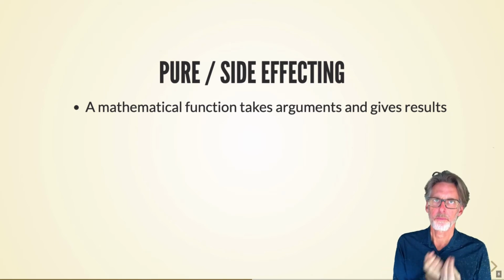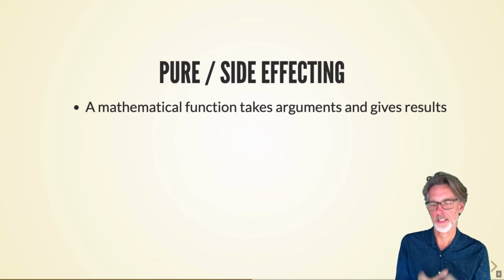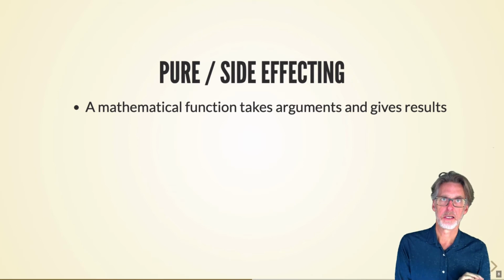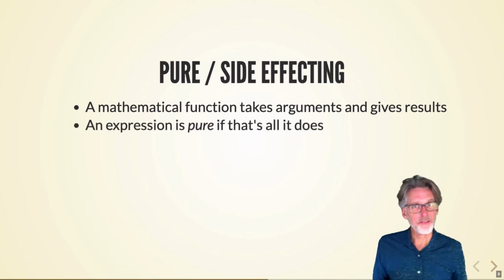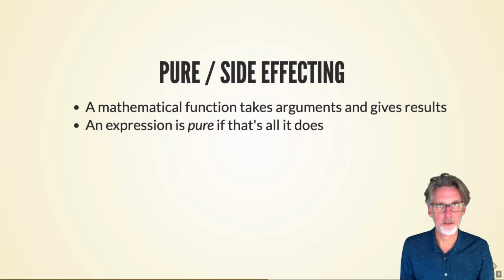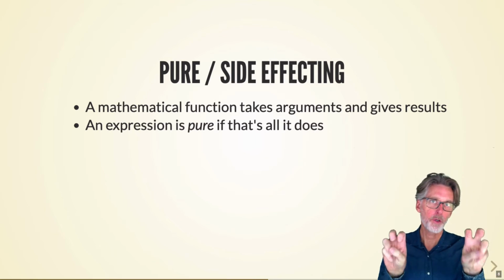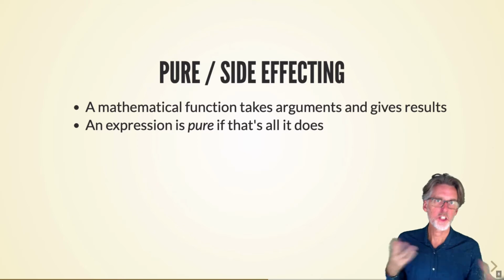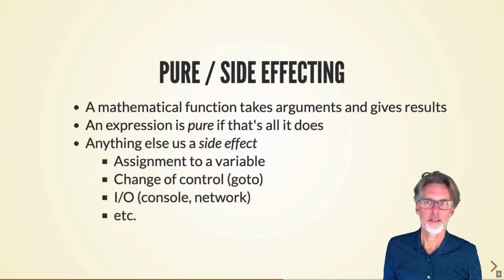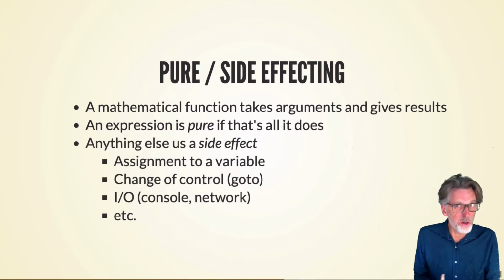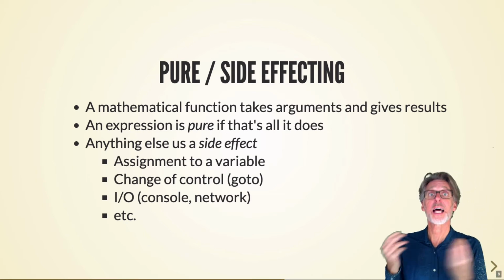Everyone agrees on what mathematical functions do. What mathematical functions do is they take arguments and return results, and they don't do anything else. So something that behaves like a mathematical function is called a pure expression. It doesn't do anything else. The other kinds of things that it could do are all side effects.